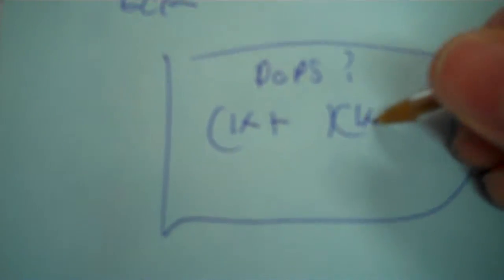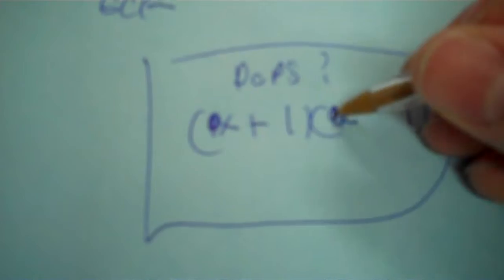No X, no negative, 1 and 1's 1, get it out of there. This is a DOPS, 1 is 1 times 1. X to the second's X times X, and 1 is 1 times 1. So it's 1X, 1X, 1, 1. Now you take the 1's off the front of the X's, so it's just X plus 1 times X minus 1. Rewrite this as this.